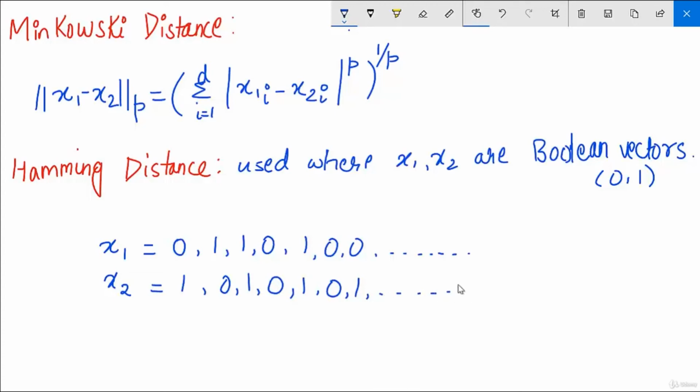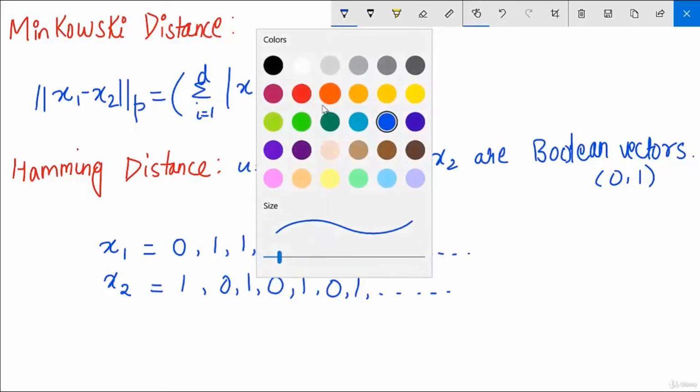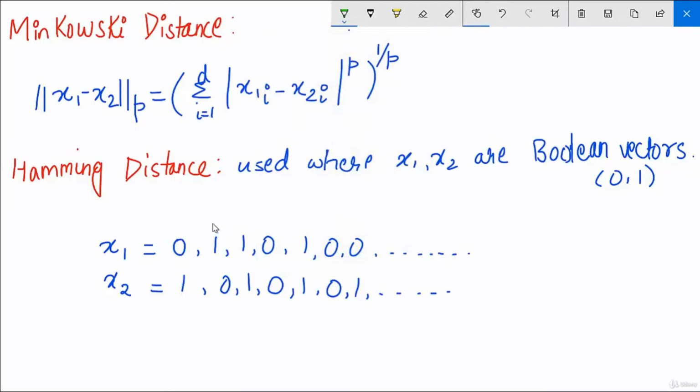The Hamming distance between x1 and x2 is the number of locations where the binary vectors differ. Let me explain how. 0 and 1 are not the same. 1 and 1 are the same. 0 and 0 are the same. 1 and 1 are the same. 0 and 0 are the same. 0 and 1 are not the same.